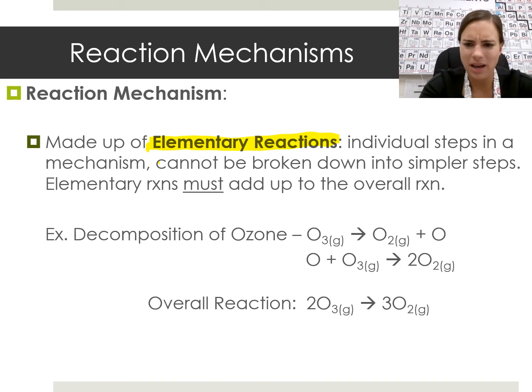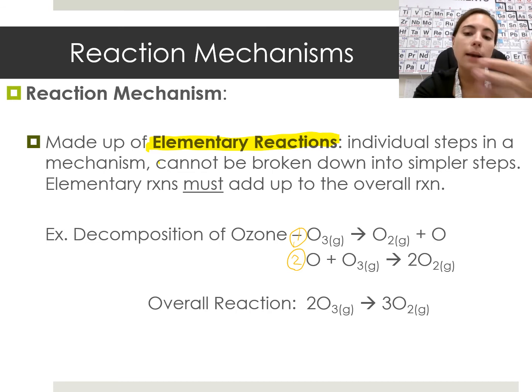So what do I mean by that? Well, if we look at these 2 steps, or these 2 elementary reactions, I look at the left side and the right side, the reactant side and the product side, and I look to see if anything cancels. What I mean by cancel is, does it appear on the product side of one step and the reactant side of another step?